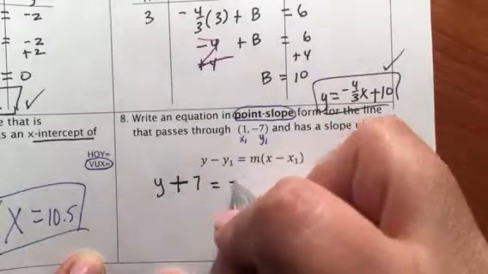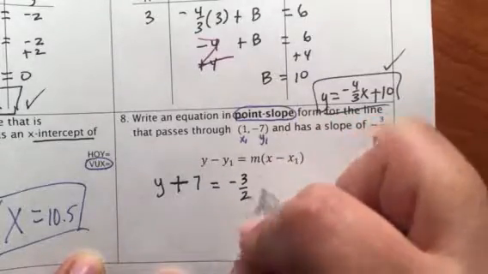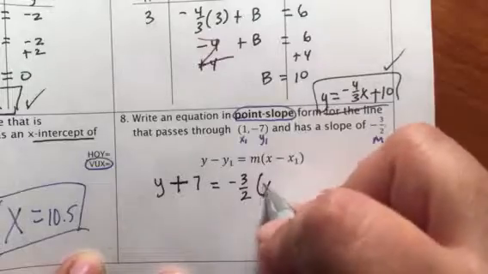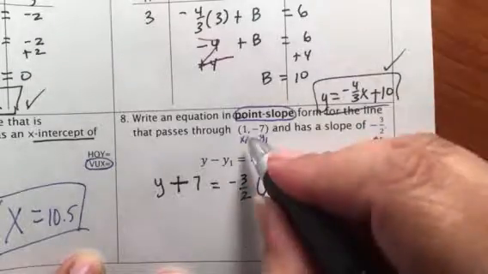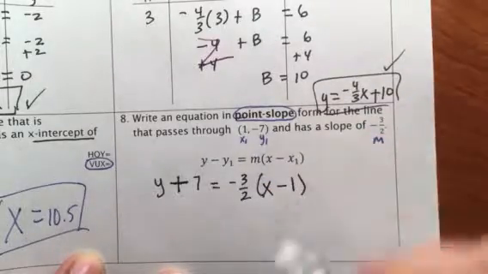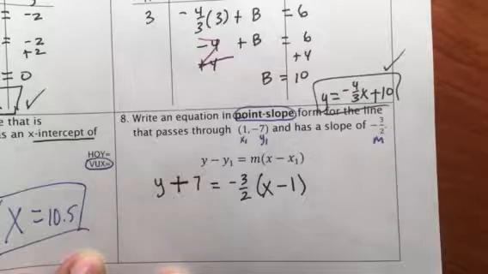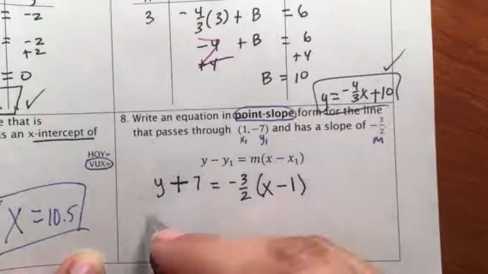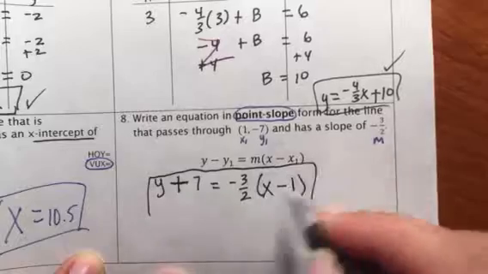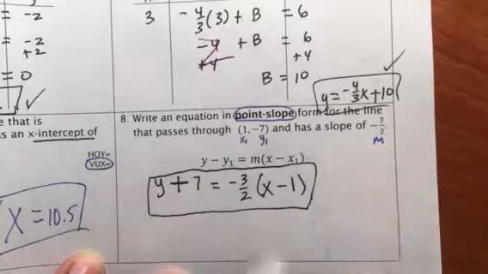Our slope is 1/3 or 3/2 x. And then we take the opposite. So this is just -1. And that's your answer. That's point-slope formula or point-slope form. And again, that is on your formula chart, so you do not have to memorize it. Okay?